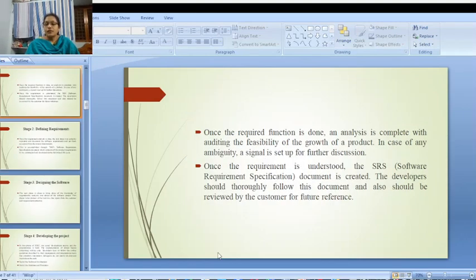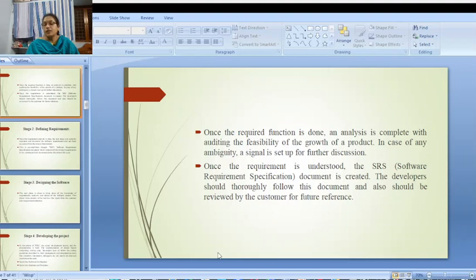So once the required function is done, an analysis is completed, auditing the feasibility of the growth of a product. In case of any ambiguity, a signal is set up for further discussions, as it means whether within our budget we can complete the project or not.